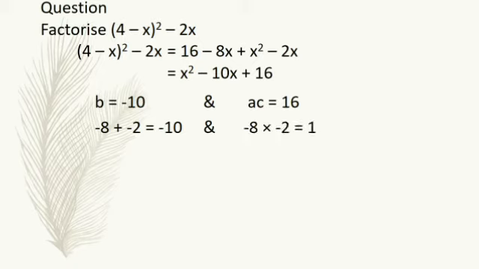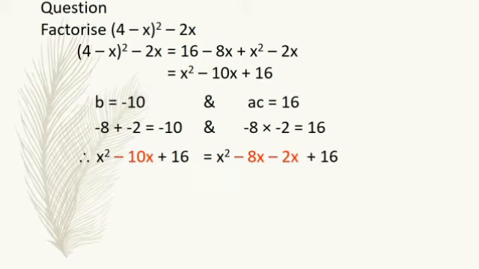Therefore, we can split b into minus 8 plus minus 2. Hence, our polynomial can be written as x square minus 8x minus 2x plus 16. Here minus 10x is split into minus 8x minus 2x.